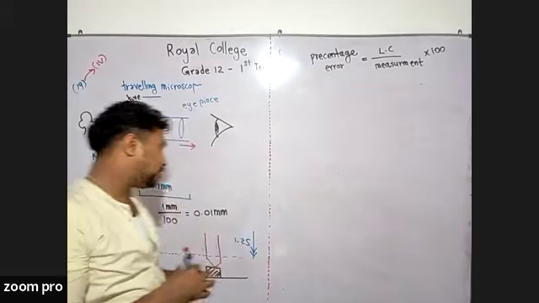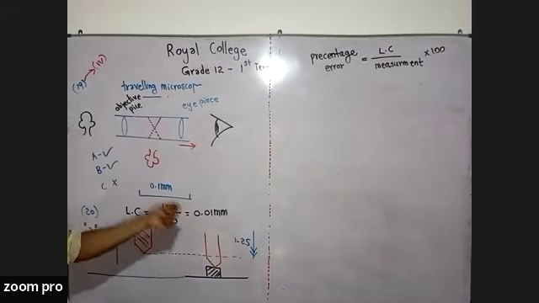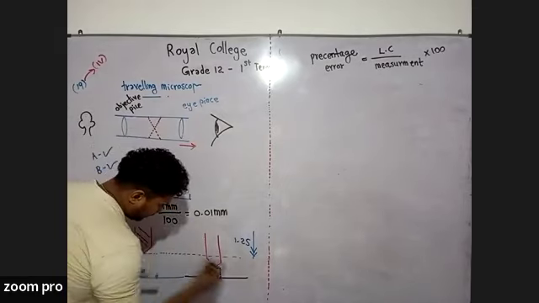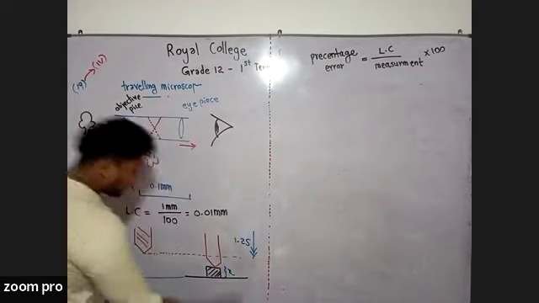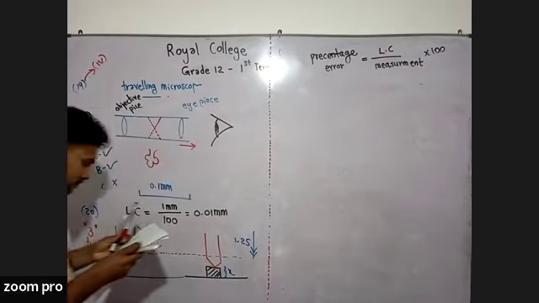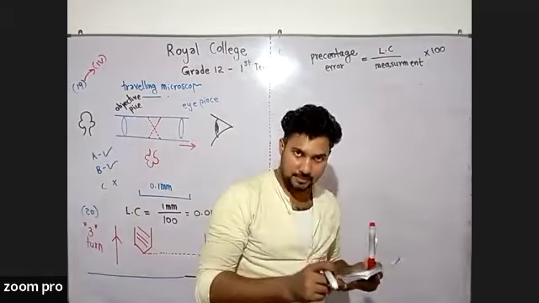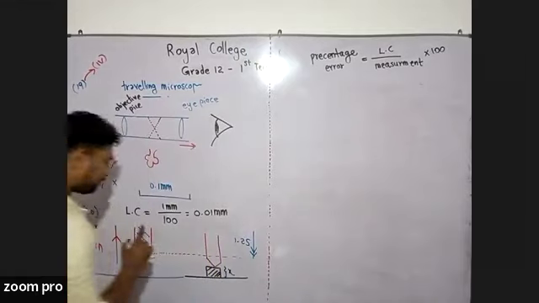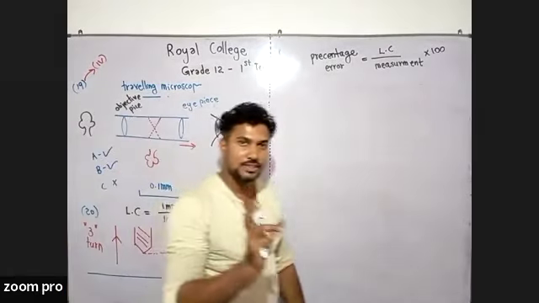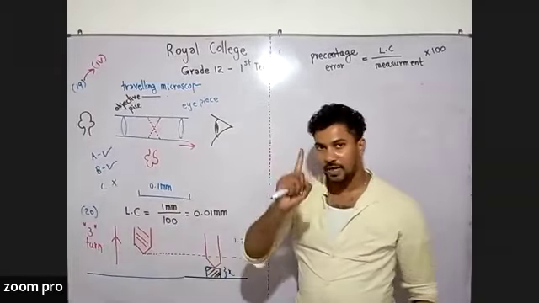Now, first of all, we have to obtain the value of this reading. Let's call it x. Now, guys, keep in mind that if the linear scale is divided to 1 millimeter, when you turn one full complete rotation, the screw is moving upward by 1 millimeter.